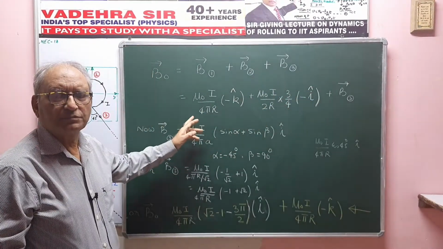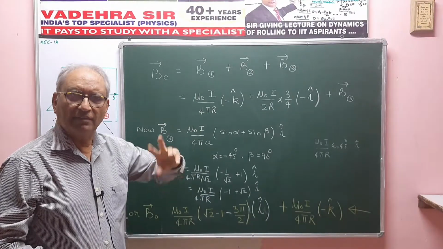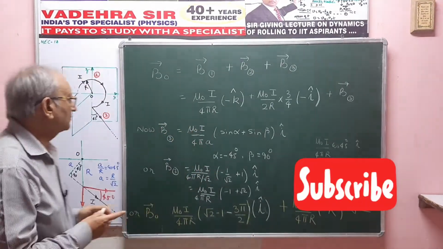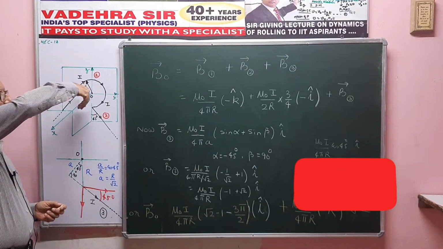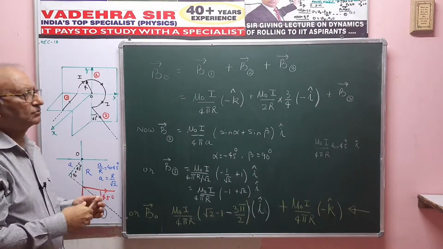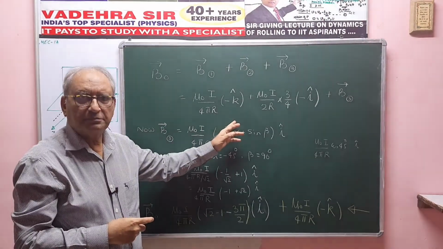For B1 arrow, long wire and the point O is at the end of the wire, magnitude mu naught I by 4 pi r, and the direction, of course, if the current is flowing inwards, so O, that is down, is minus k cap, tangent to the curve, so minus k cap.